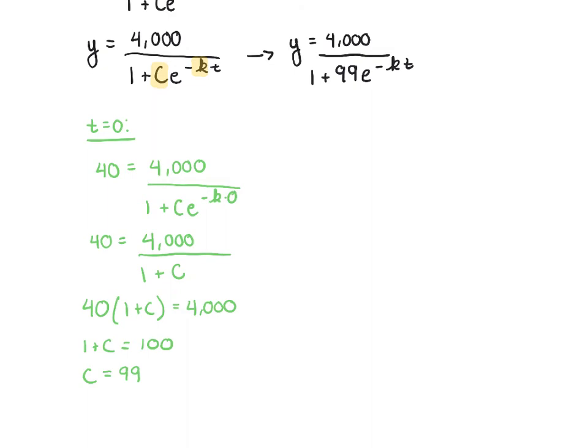So let's use that next. At t equals 5, the population is 104. Thus we write 104 equals 4,000 over 1 plus 99e to the negative k times 5. Then it's just a matter of solving for k.